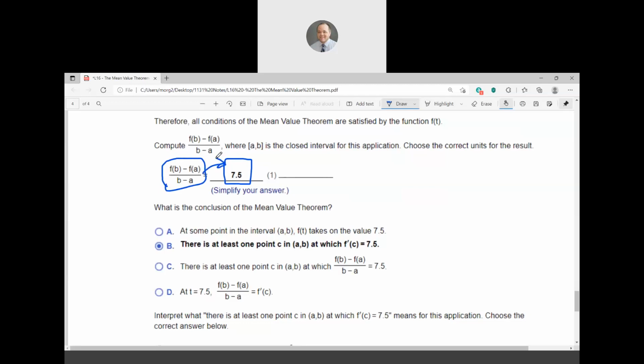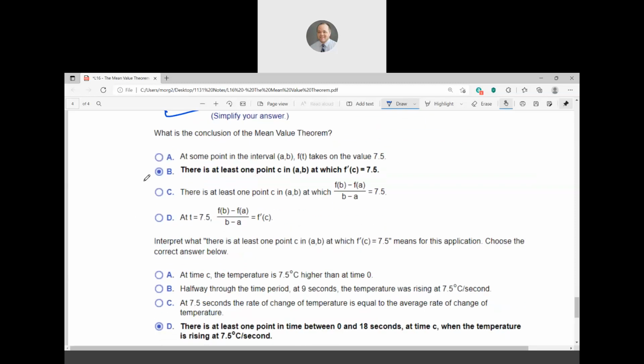So we proved that there is a rate somewhere where it's 7.5. So there is at least one point in conclusion of our mean value theorem. There is at least one point c in your open interval a, b at which f prime of c is equal to 7.5.